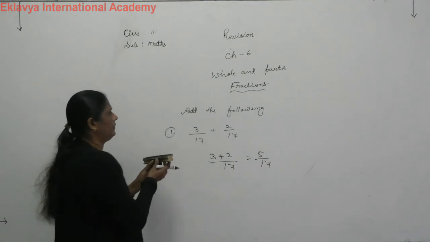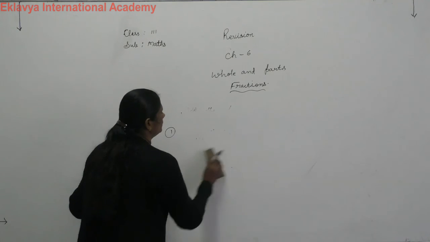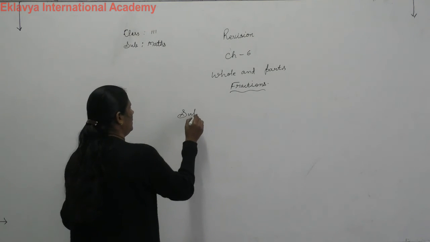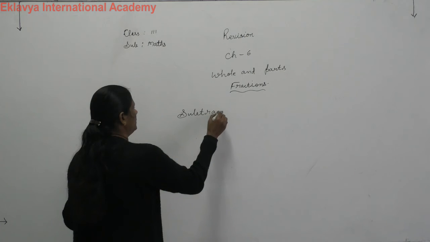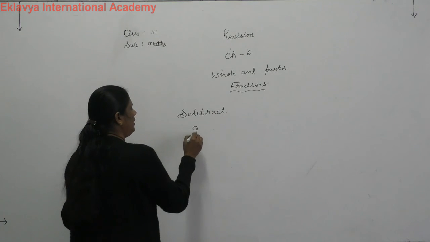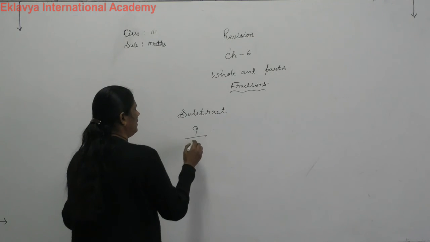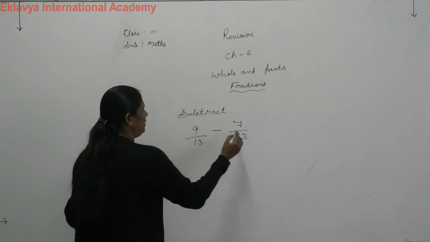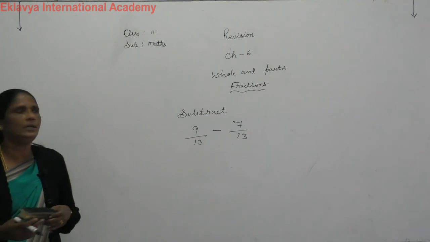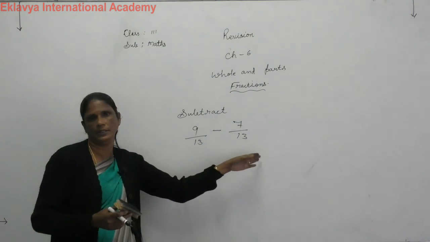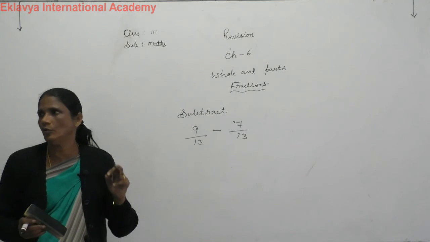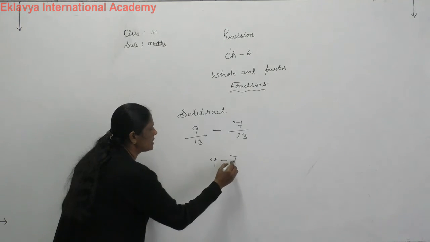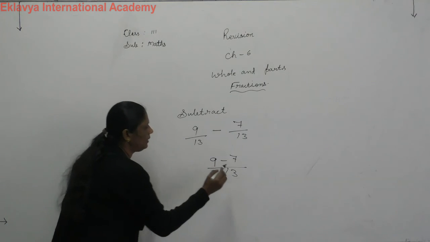Then subtract: 9 by 13 minus 7 by 13. Only you subtract numerator and numerator, that is 9 minus 7 upon 13.